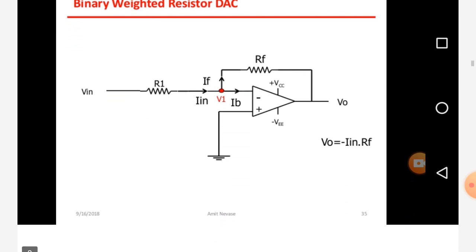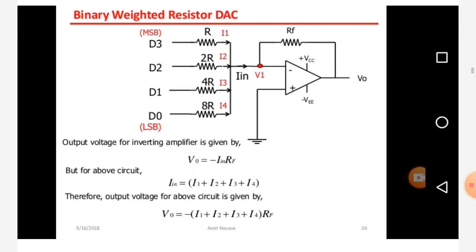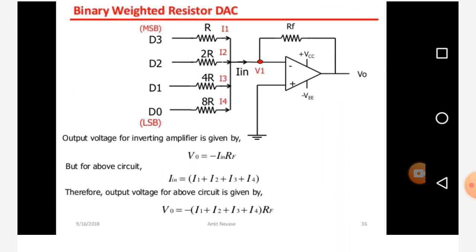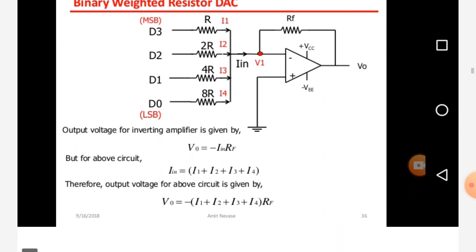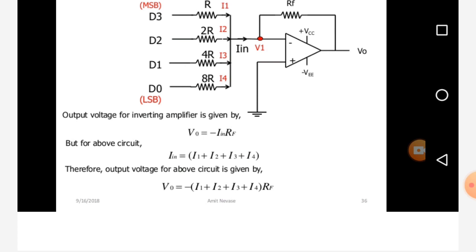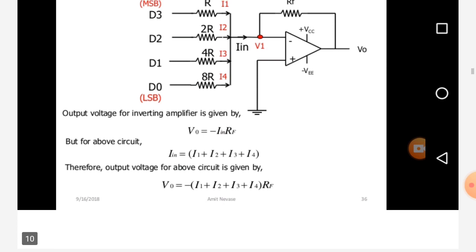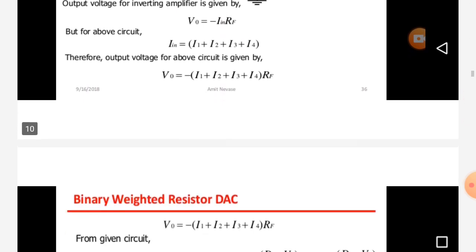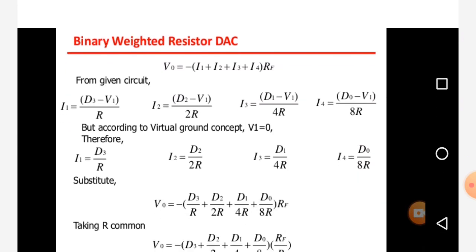Output voltage for an inverting amplifier is given by V0 equal to minus Iin into RF, but for the above circuit Iin is equal to I1 plus I2 plus I3 plus I4. Therefore, V0 is equal to minus (I1 plus I2 plus I3 plus I4) into RF.